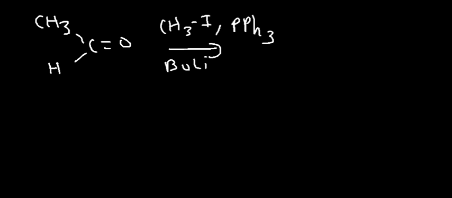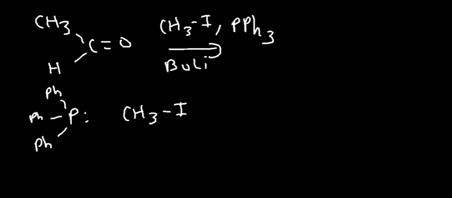So the first thing that happens is triphenylphosphine, which is a phosphorus with 3 benzene rings or 3 phenyl groups, is going to attack methyl iodide in an SN2 reaction. So this lone pair attacks the carbon and it expels the iodine atom.